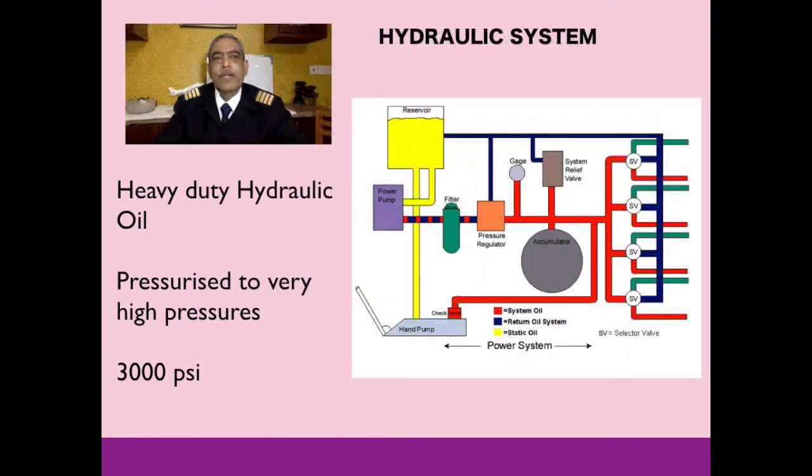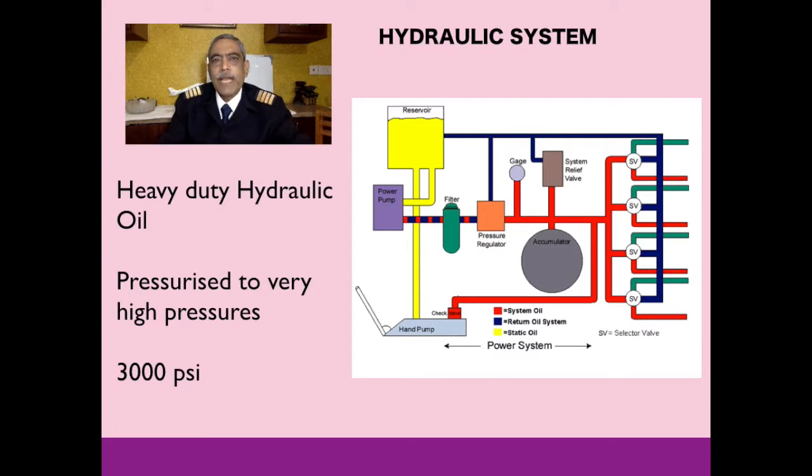The next system which I am going to talk about is a very important system, that is the hydraulic system. There are a lot of services in the planes like controls, and there are a lot of moving parts which require a lot of pressure and power to initiate the movement of the jacks of such services. For example, lowering or raising of the undercarriage system.